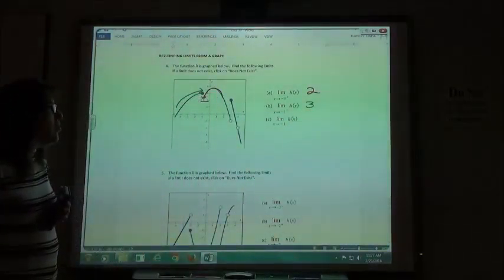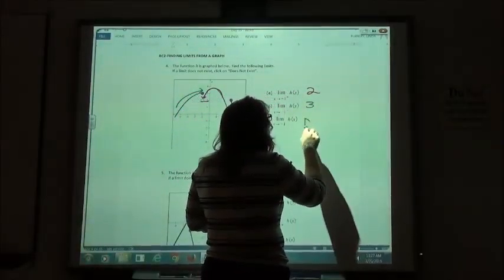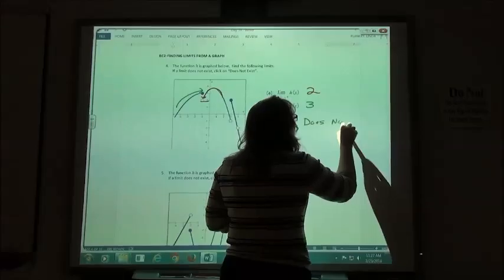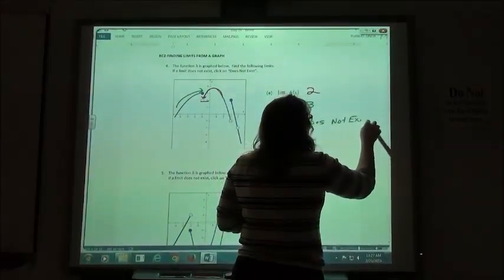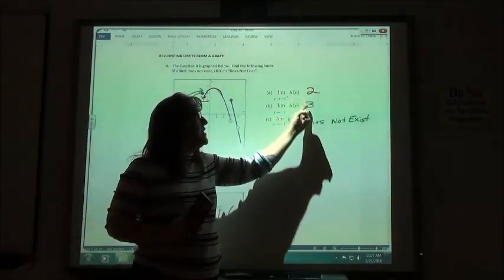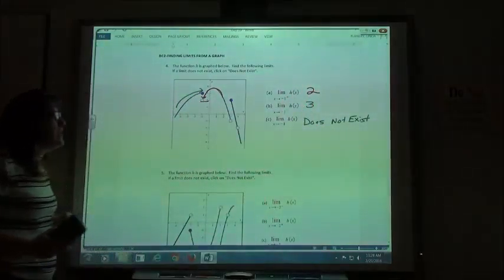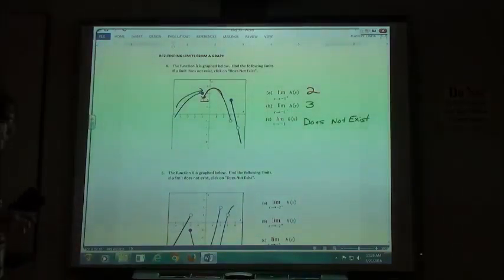Since those two numbers are not the same number, then we're going to say that our limit does not exist. So the only way a limit exists is if it approaches the same number as you come from both directions. Otherwise, your limit does not exist.